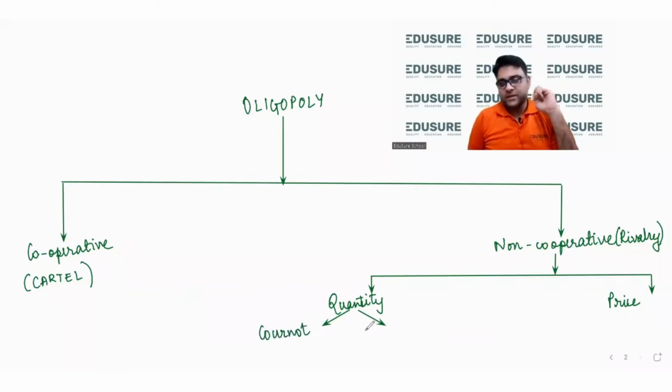That is the Cournot case, as postulated by the economist Cournot, named after him. Quantity rivalry where one firm is a large firm and the other is a smaller firm was first postulated by Stackelberg, and it's named after him, the Stackelberg model. So these are the two different quantity rivalries that can exist.